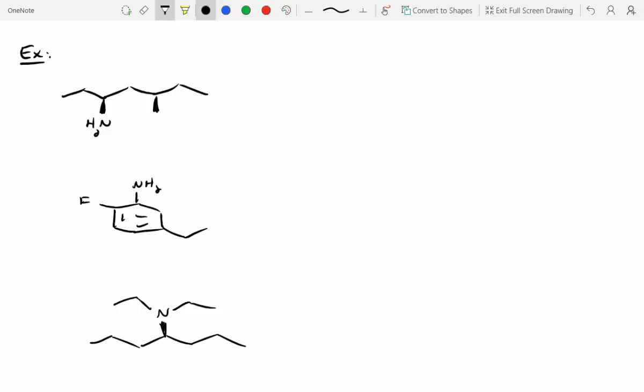First thing I do anytime I see a molecule with stereocenters is, before I even name it, I just identify the stereocenters. So if we look at this stereocenter, is that R or S? S, exactly. So we've got an S stereocenter here, and then what about right there?